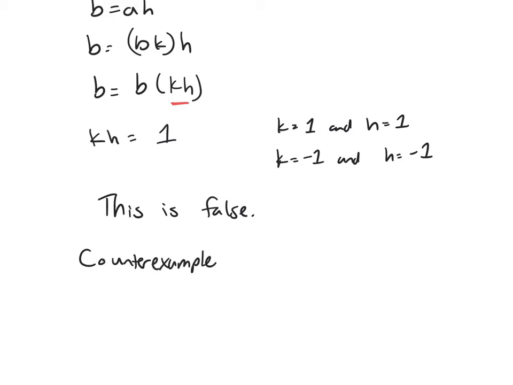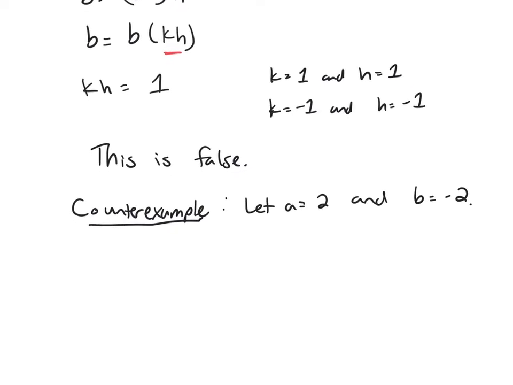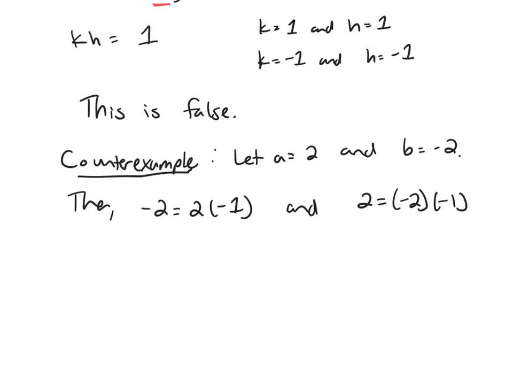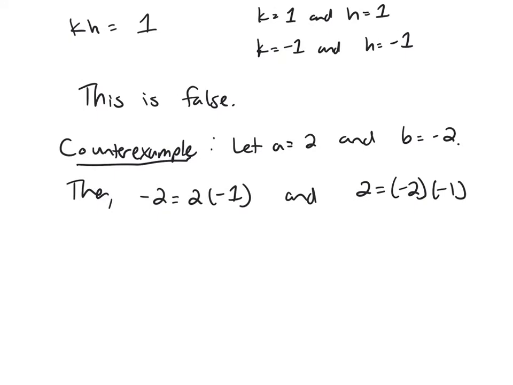So we could go with, let's say a is 2 and b is -2. Well then, 2 divides -2 because 2 times -1 is -2. And -2 divides 2 because it's -1 times -2.